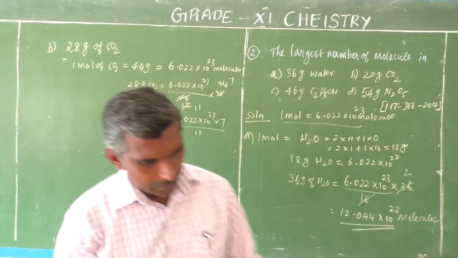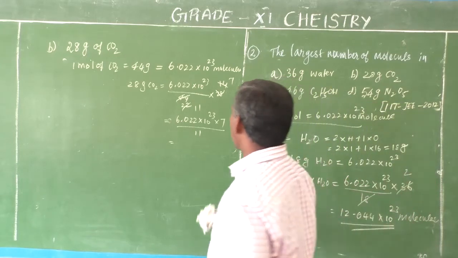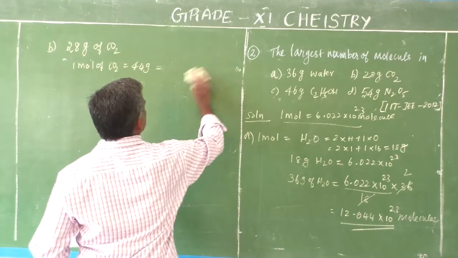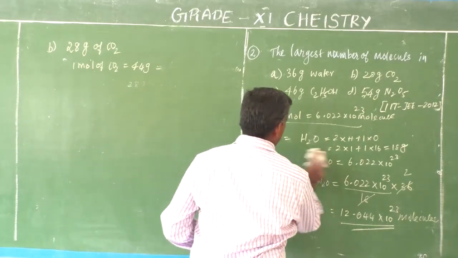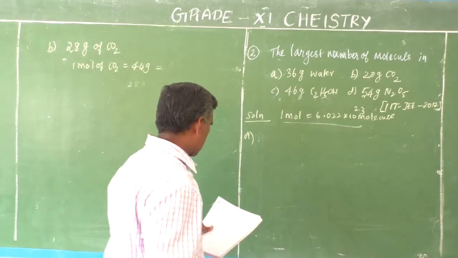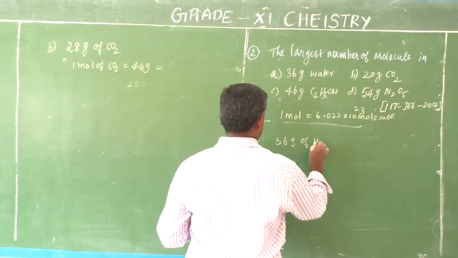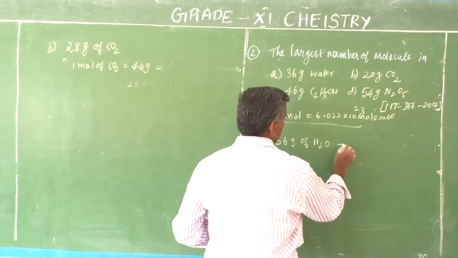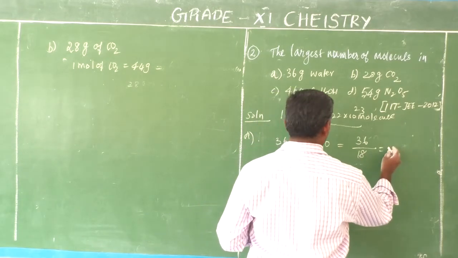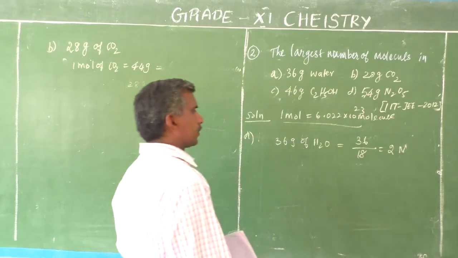So this is difficult, because division is very difficult. So you change to another method, which is also correct. A very easy method is: 36 gram of water, given mass by molar mass, is equal to 2 moles, 2N.